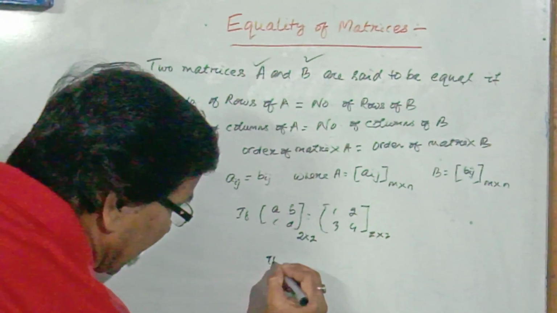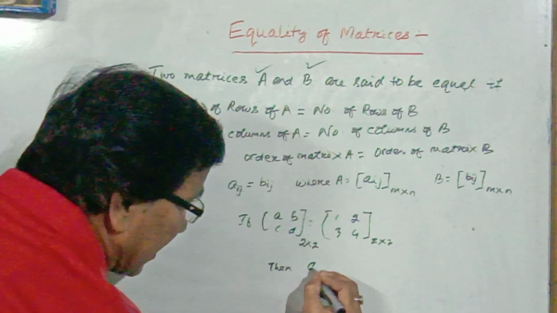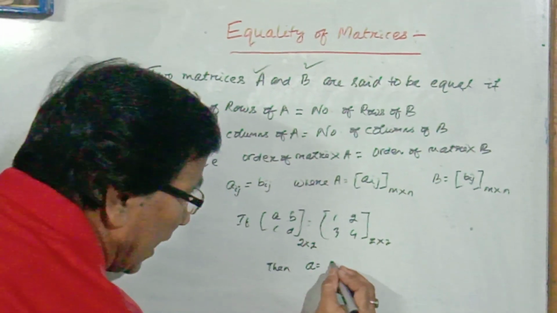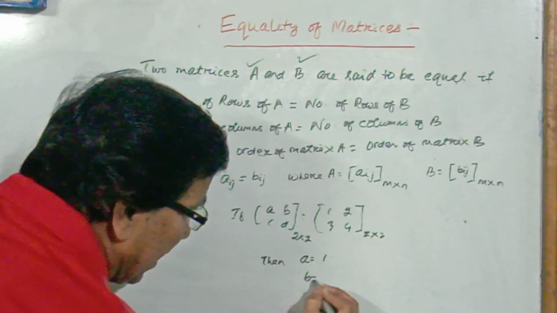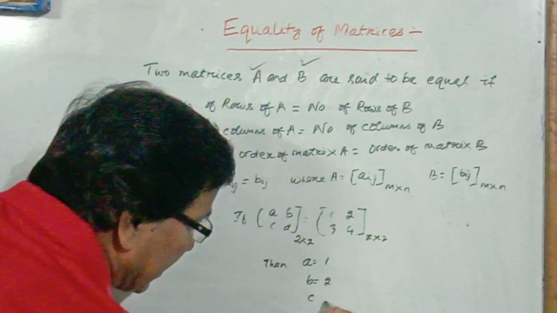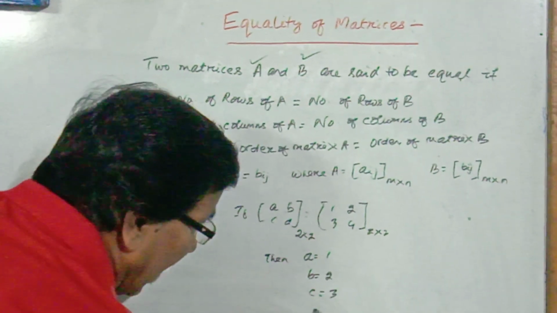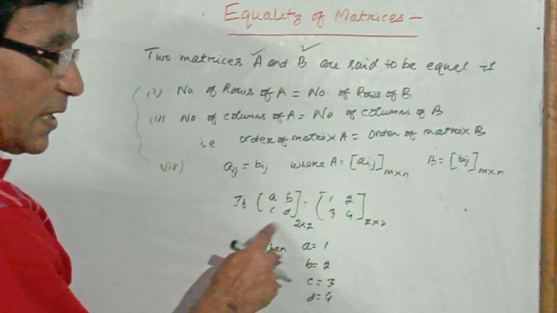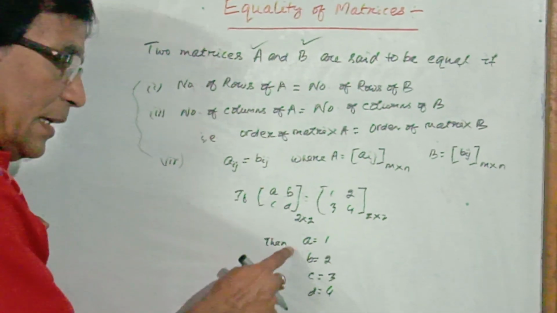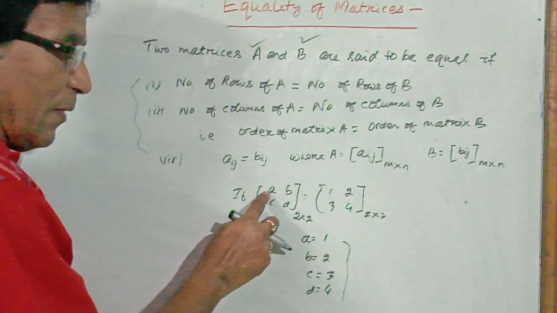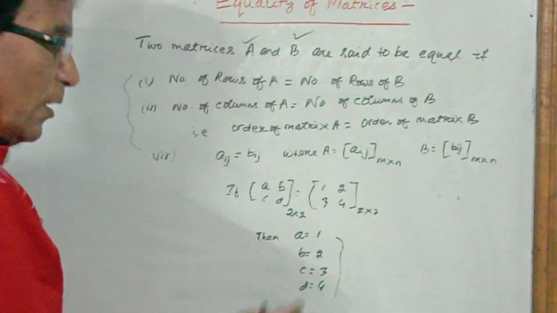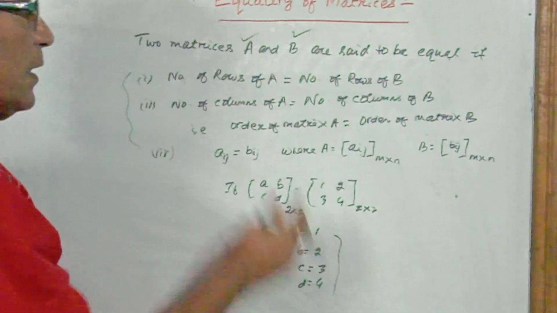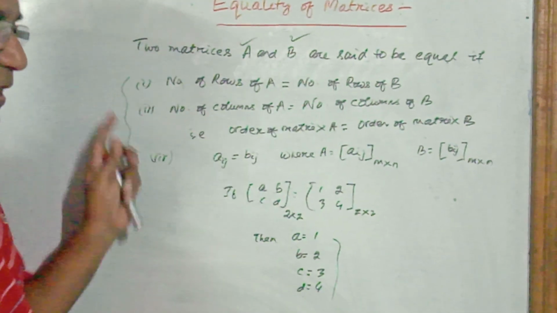That means A is equal to 1, B is equal to 2, C is equal to 3, and D is equal to 4. If these two matrices are equal, then naturally the values of A, B, C, D will be 1, 2, 3, 4. This is called equality of matrices.